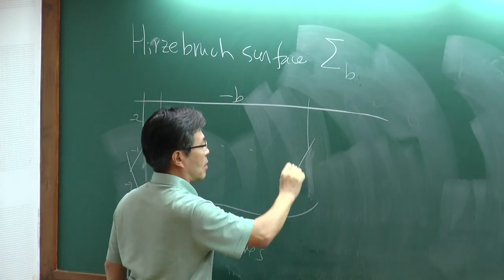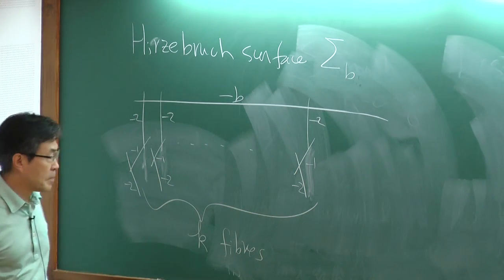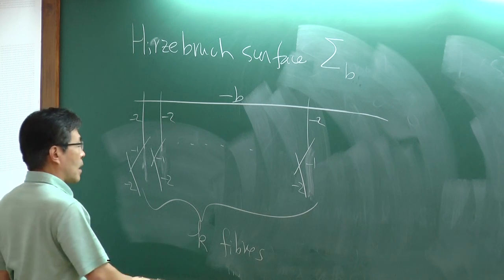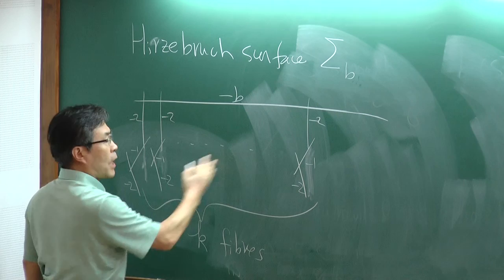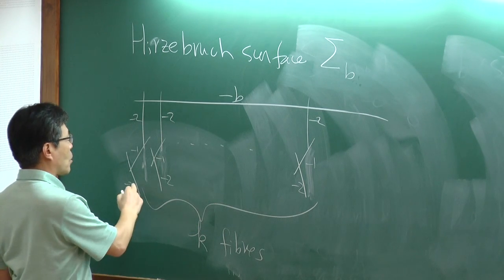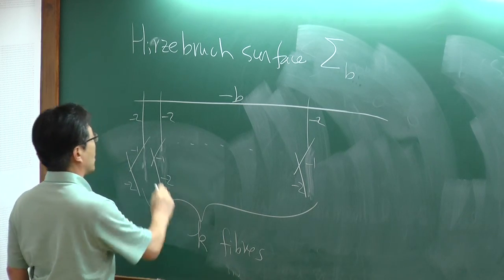You blow up 2K times, and then you contract all these -2 curves, and then you contract this bunch.